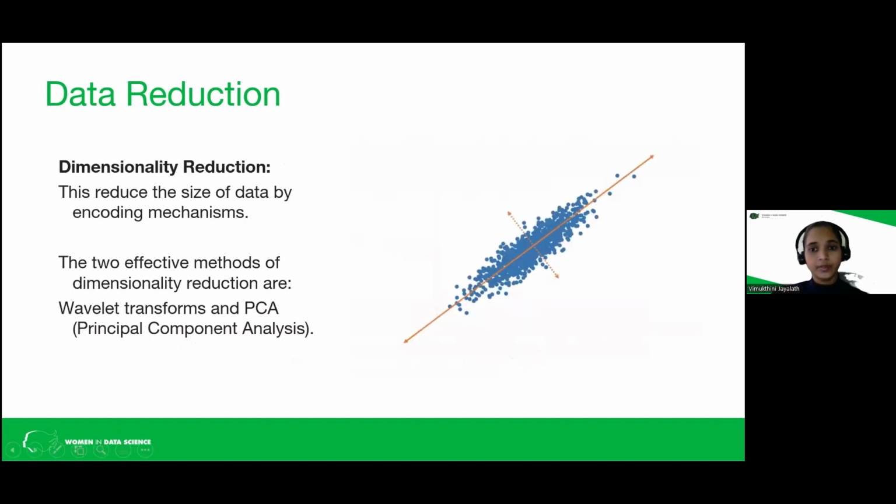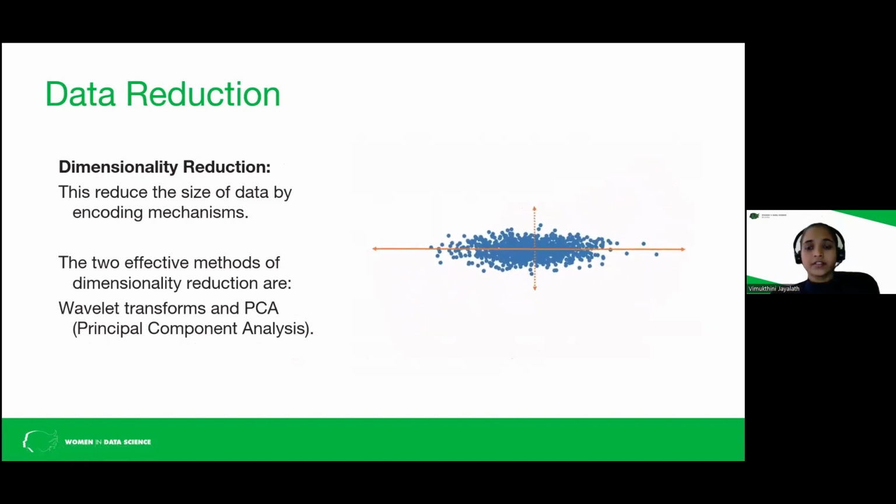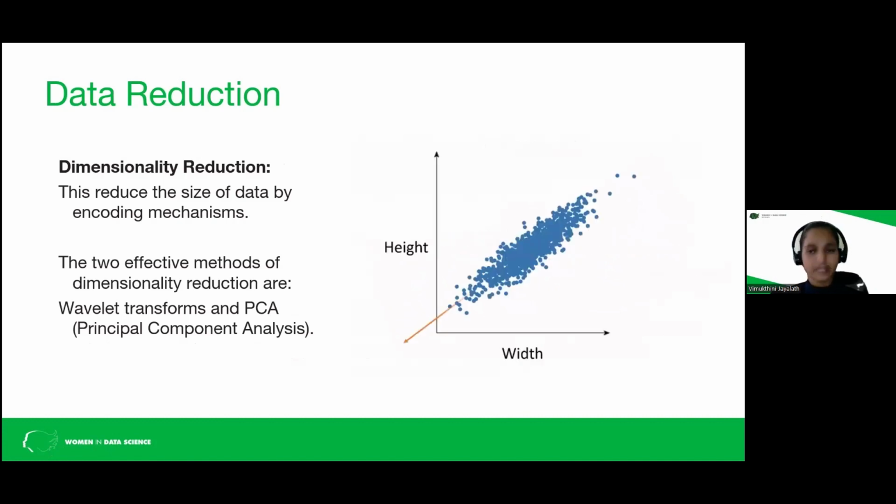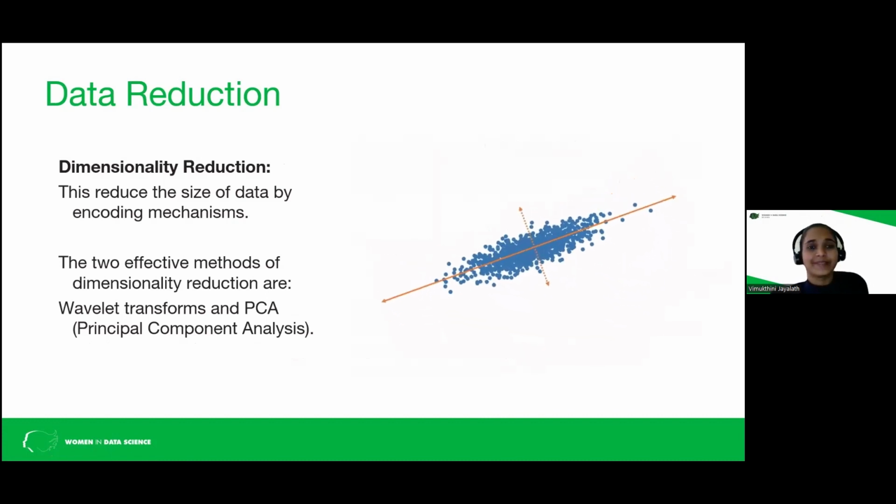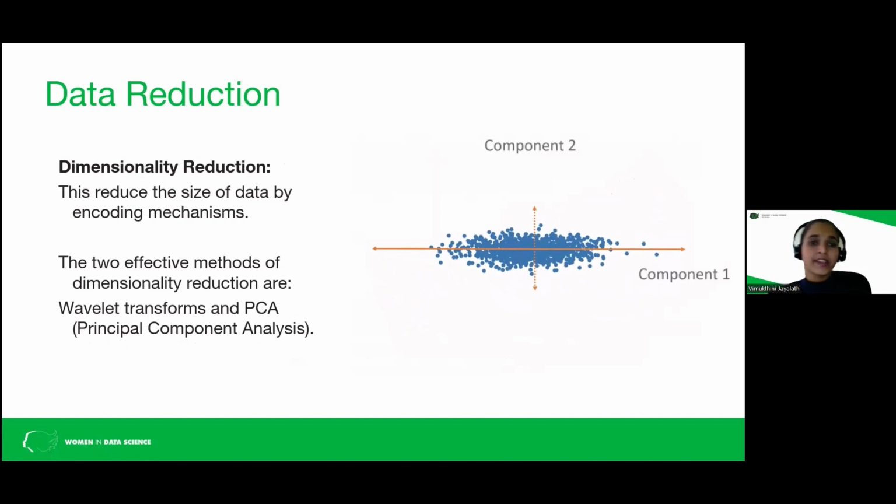And the other one would be dimensionality reduction. So that is where we have principal component analysis and wavelet transformations coming into play. So these can be big names, but you can Google it and get to know later because I'm covering only a part of it.